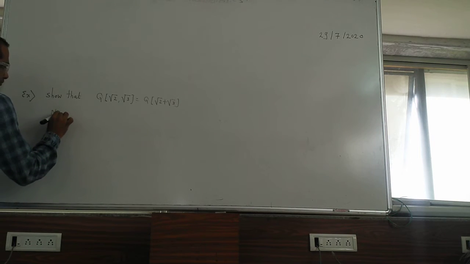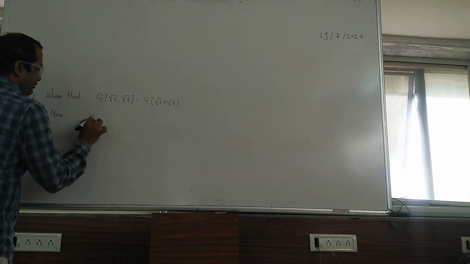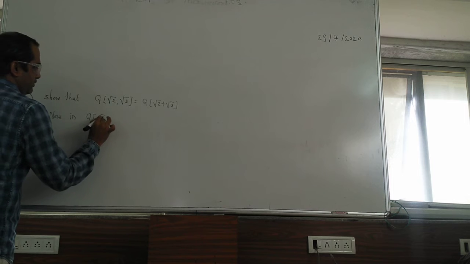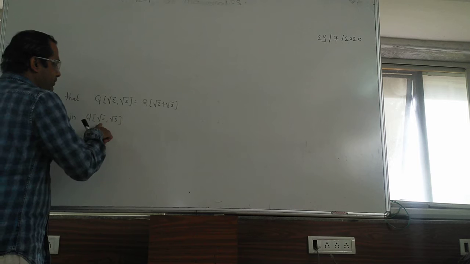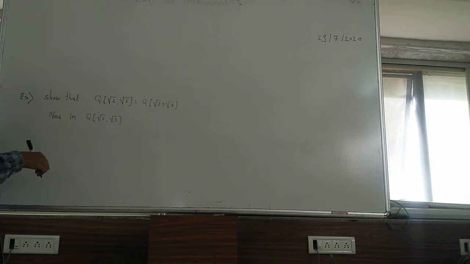Now in Q of root 2 comma root 3, root 2 is already there, root 3 is there, and it's a field, so addition of 2 elements is again there.